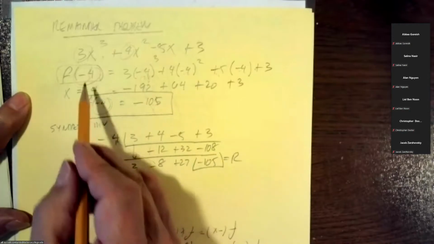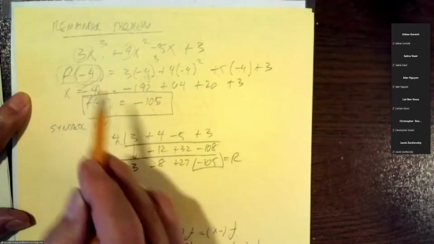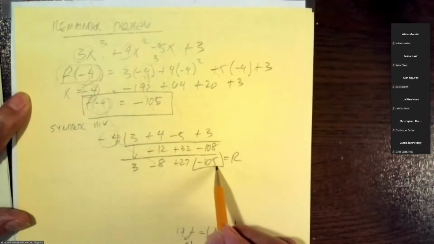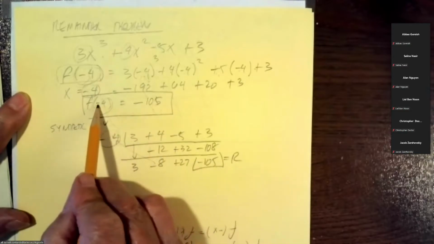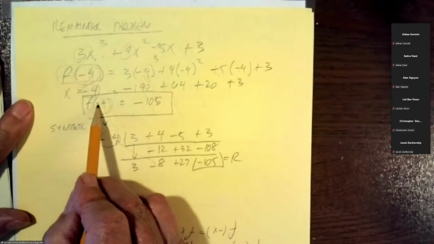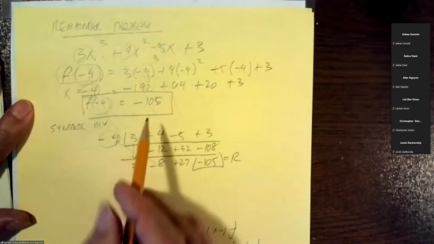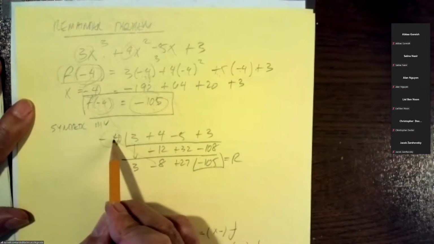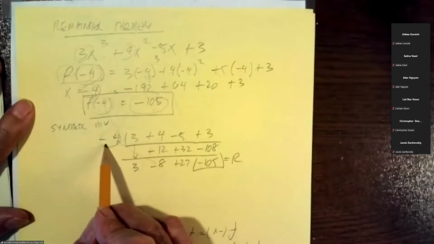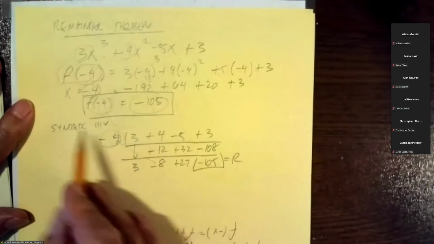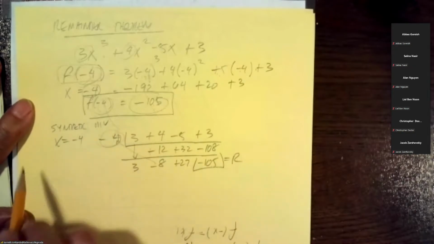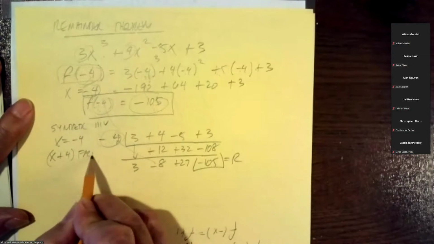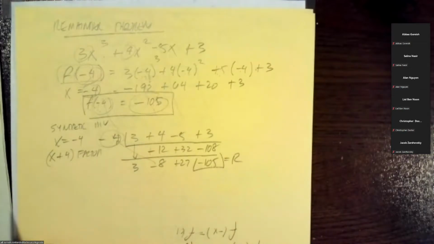So when I take x evaluated at negative 4, which is the solution, and divide it into these coefficients, I get a remainder of 105, which is what I got when I evaluated at negative 4. That shows me that this is essentially a remainder of solving the equation using a factor of x plus 4. x equals negative 4 is a solution. x plus 4 would be a factor of the above equation.